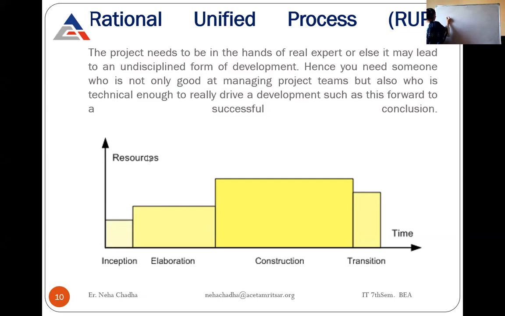Say we have a product that we have to complete in 12 months. Then you will write down here the month names. Firstly, we will consider a traditional model, a waterfall model.